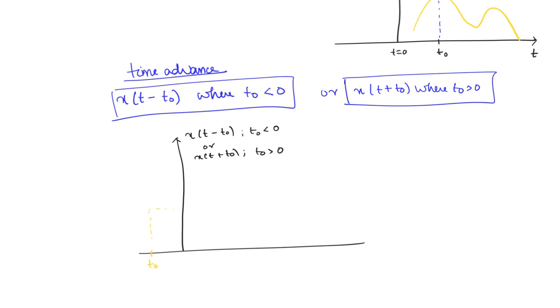It is going to be a. So you are going to have a signal like this. This is the time advanced version. Each of the points of x of t is going to be shifted to the left by an amount t naught. It is called advanced because it is occurring earlier. So this is about time shifting.